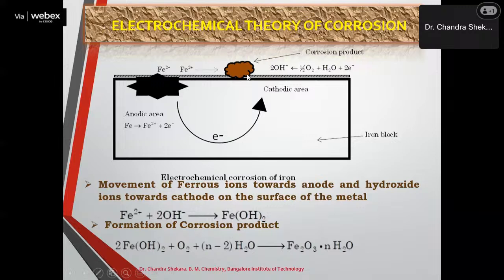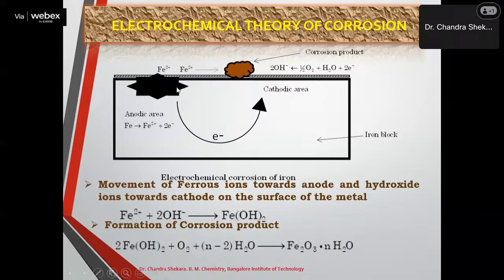See here, to answer any questions regarding corrosion in the examination, you must have a very clear idea about the mechanism of corrosion of the metallic material. Only when you have a clear idea about the mechanism can you answer any type of question regarding corrosion. Therefore, the mechanism is a simple redox reaction, and there are mainly three parts in it.